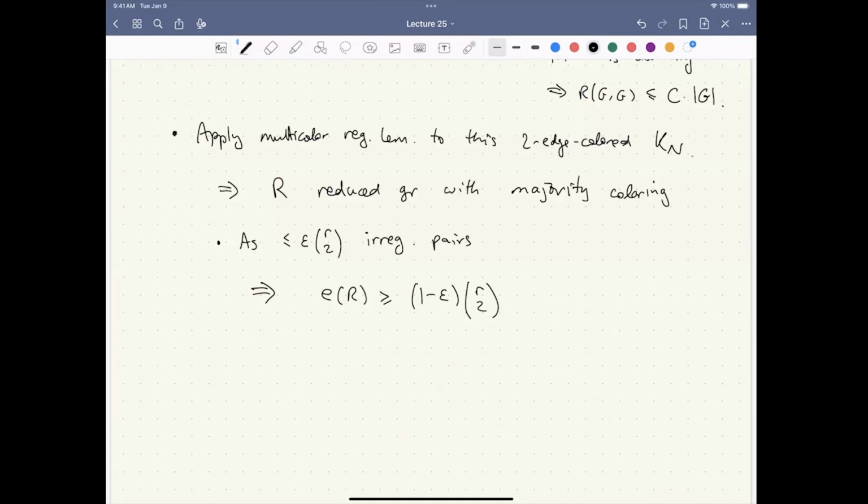Now this, by our choice of epsilon, one second.